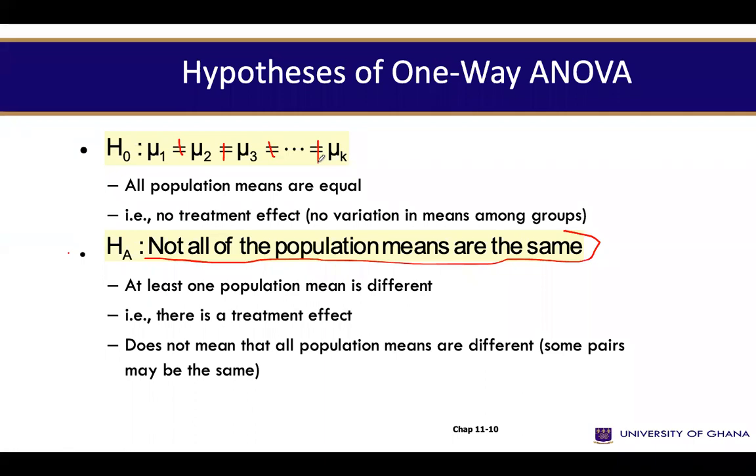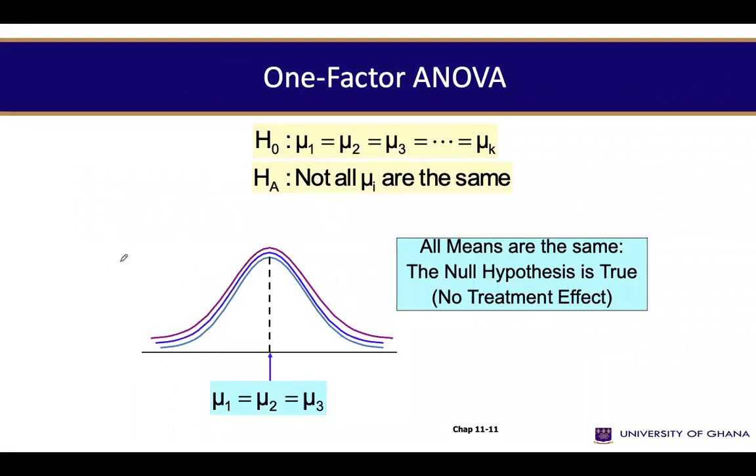Basically, it's just saying that at least one population mean is different, or there's a treatment effect. It does not necessarily mean that all the population means are different. There will be some pairs that are the same, but even when one deviates from it, that is it. We are done, basically. So we have that.